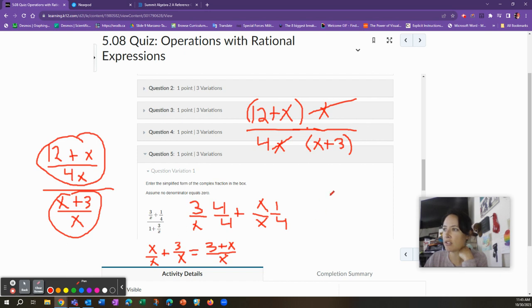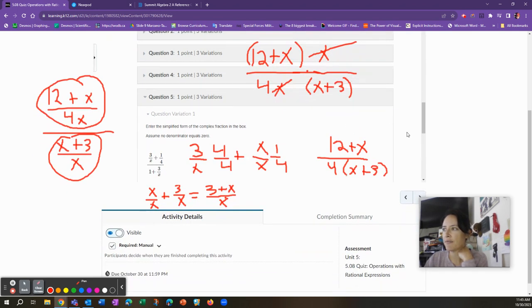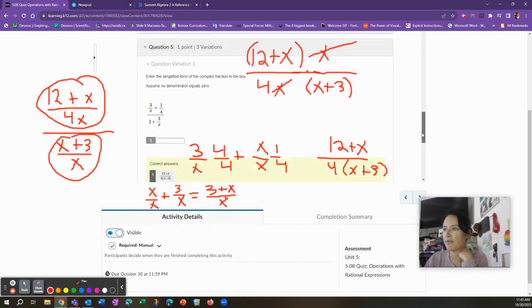But your final answer should be 12 plus x over 4 times x plus 3, or something like that. It could be 4x plus 12, but let's see. Nice. 12 plus x over 4 parentheses x plus 3.